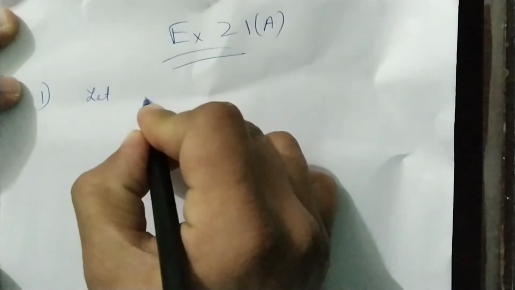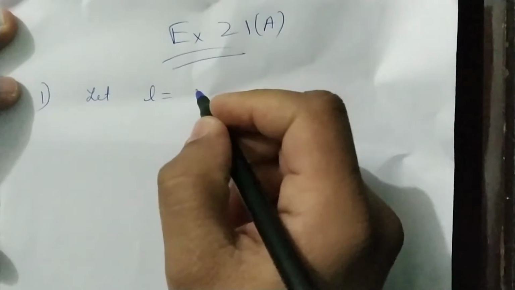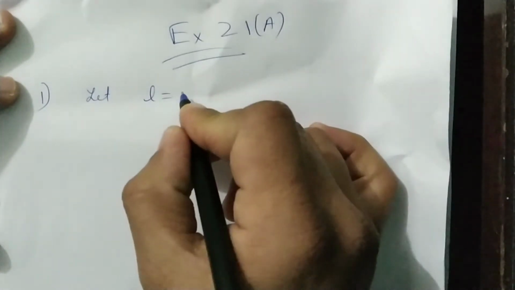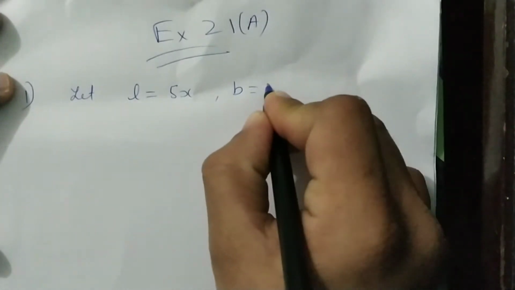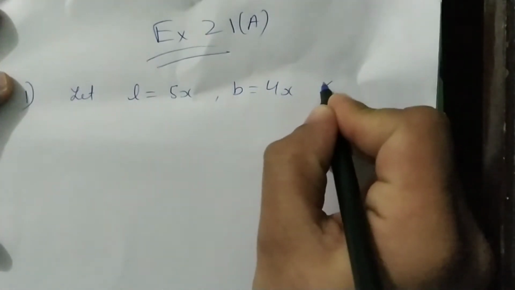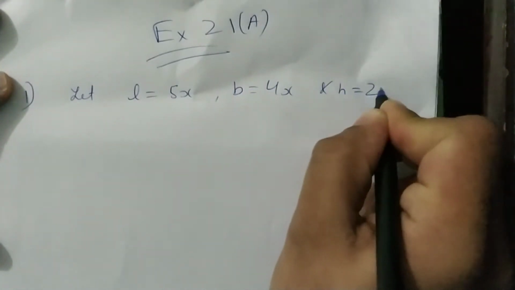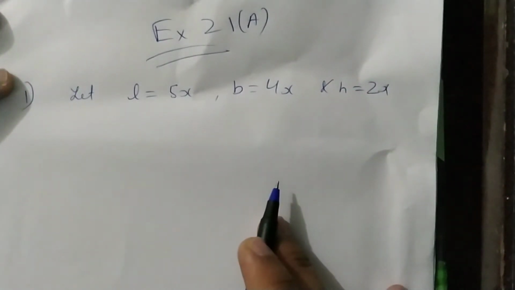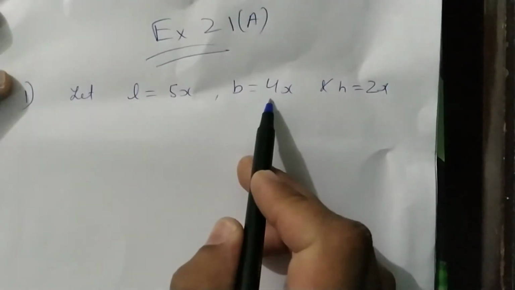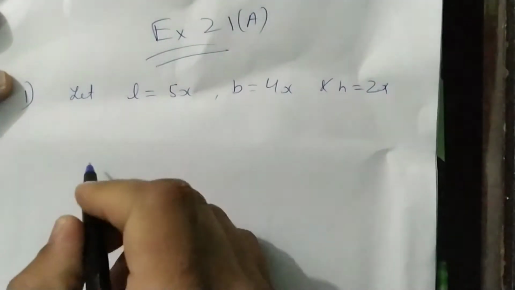Let length be 5x, therefore breadth is 4x and height will be 2x. So as the ratio was given 5:4:2, the ratio was of length, breadth and height.